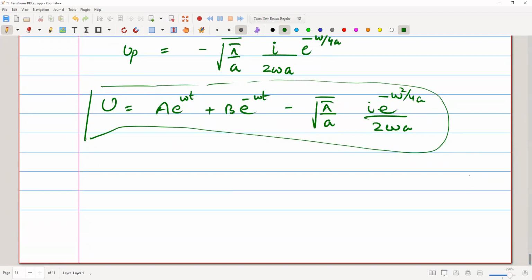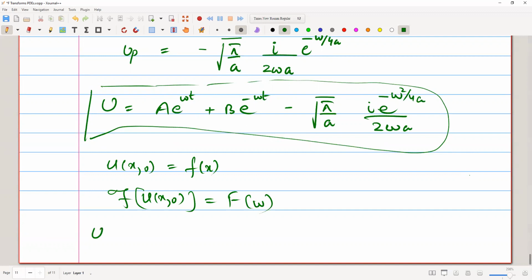So for the transformation of the initial condition that is given, u of x comma 0 equals f of x. The Fourier transformation of this will be nothing but some function of omega. We can write it in this way, okay? So now we apply the condition here. So it's u of x, no more x, now it's omega.